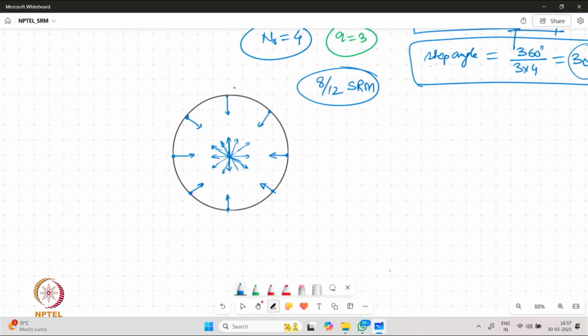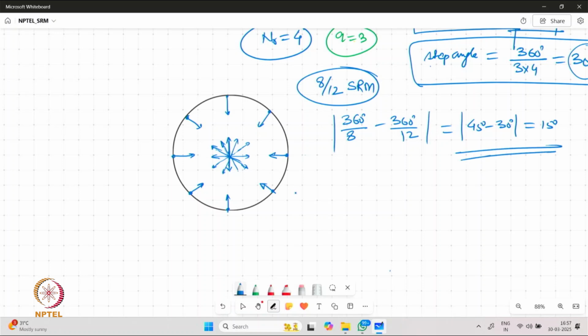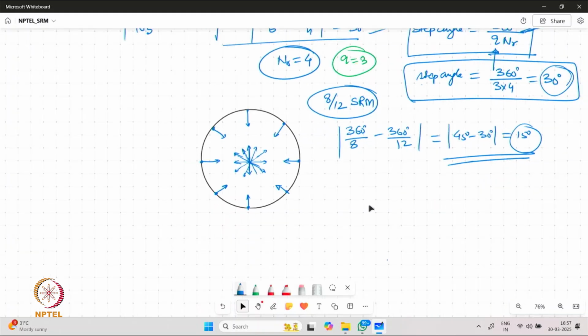Once again, we can work out in a similar manner and figure out the step angle, and from the general understanding, this is going to have a 15 degree step angle. So this could be a more practical way of implementing the SRM machine.